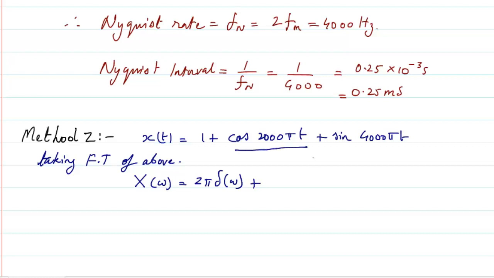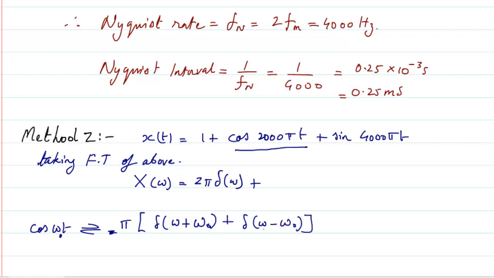Plus the cosine waveform. If you remember, the Fourier transform of cos omega naught t can be written as pi within bracket delta omega plus omega naught plus delta omega minus omega naught, correct?